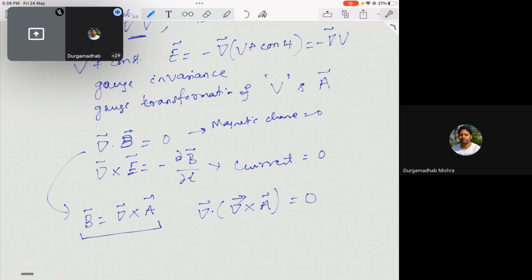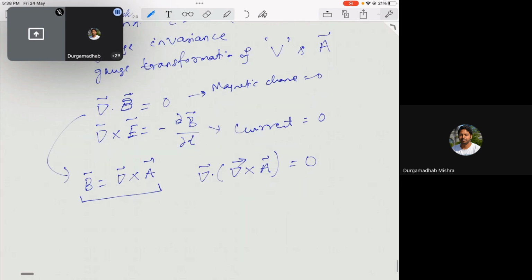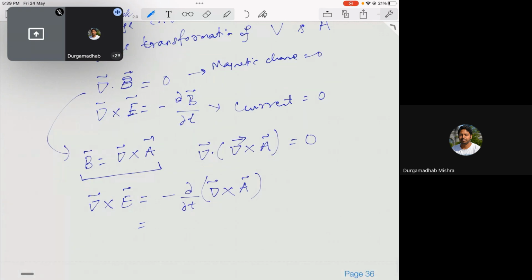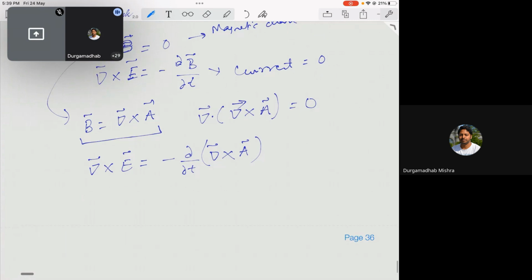And now let's look at the curl of E, this equation. We know that B is equal to curl of A, so let's find out what the curl of E is. Now this will be minus del by del T into curl of A. I can now interchange the time derivative and the space derivative.